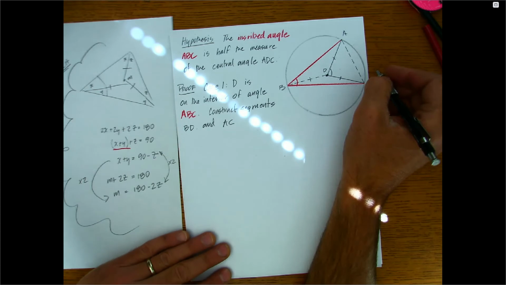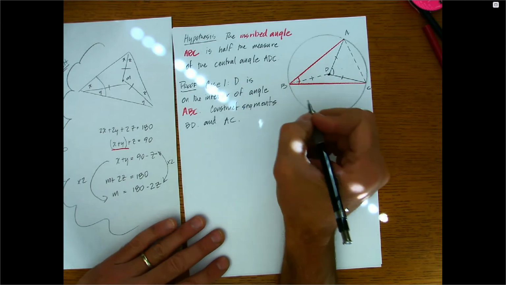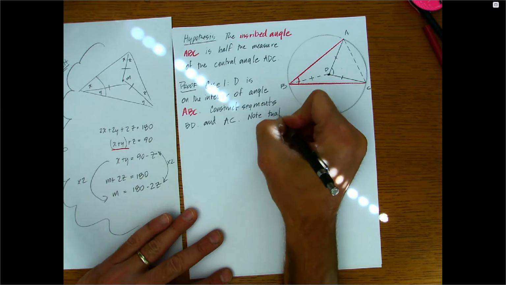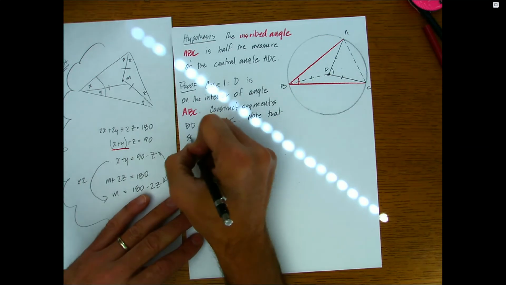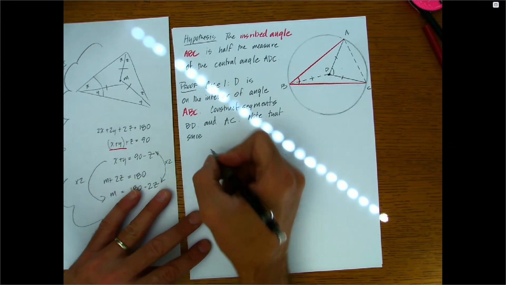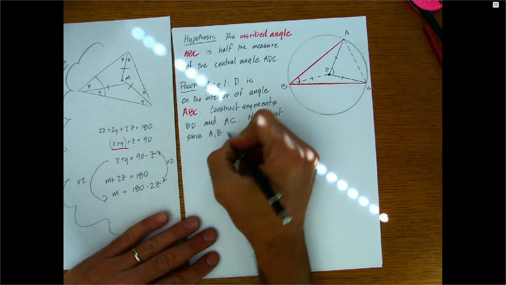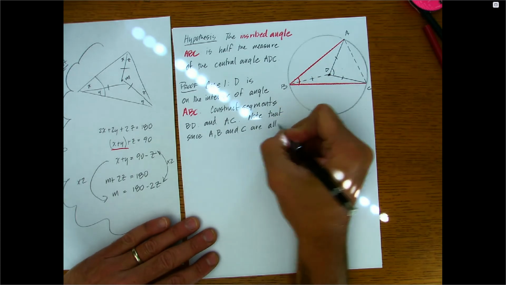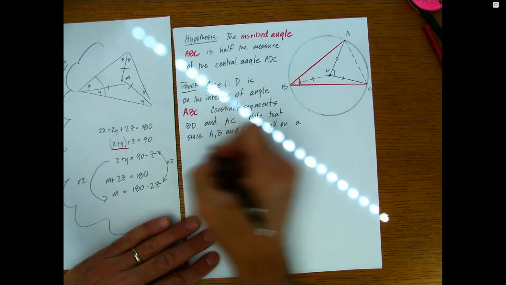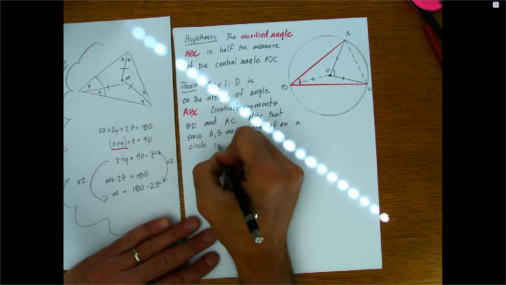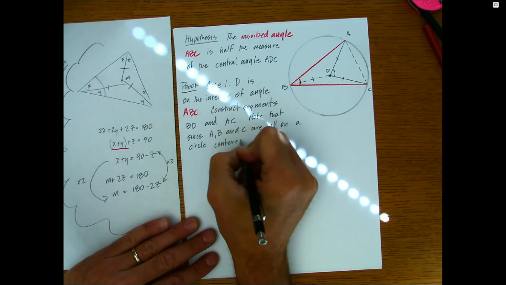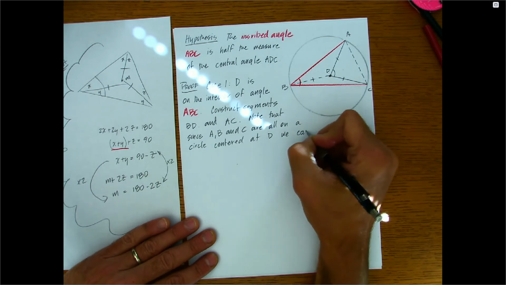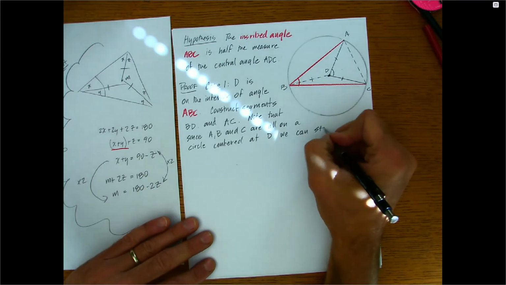Once we have those segments constructed, note that since A, B, and C are all on a circle centered at D, we can state what?